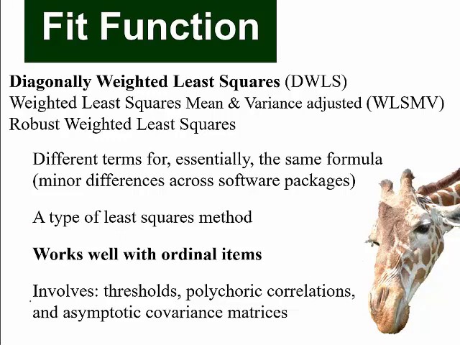As we'll see in a moment, we'll need to calculate something called thresholds, then something called polychoric correlations, and then something called an asymptotic covariance matrix.